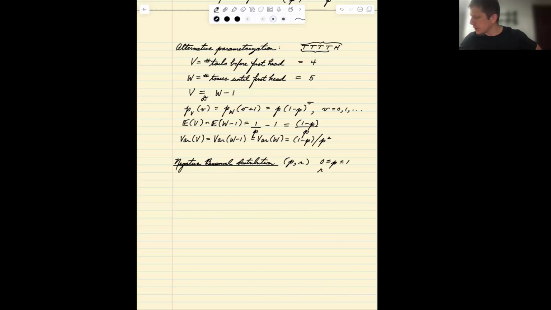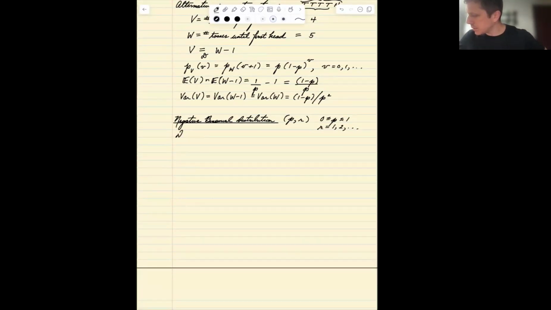And R is an integer, 1, 2, etc. And it is the distribution of the waiting time W_R, which we define as the number of tosses until the rth head in successive independent tosses of a P coin.